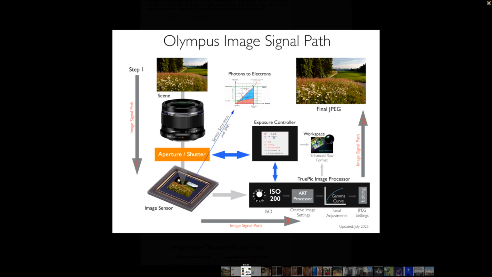It's therefore important to always think of your aperture and shutter combination and how much light is reaching the sensor. So this part here, step one if you may, is all happening while we're photographing out in the field. The second part, having the information inside the image processor, can be shared at home in Workspace.